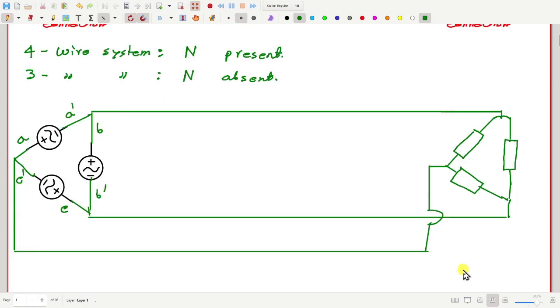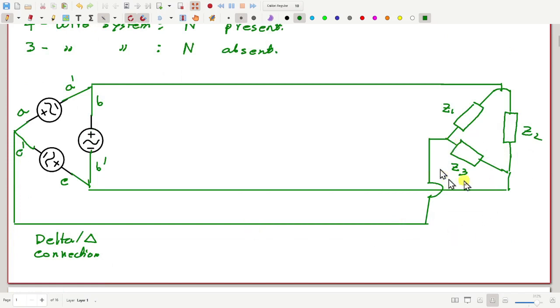Suppose this is Z1, Z2 and Z3. This is called a delta connection, or we can write it with the Greek letter delta, and so the load side is also delta connected.